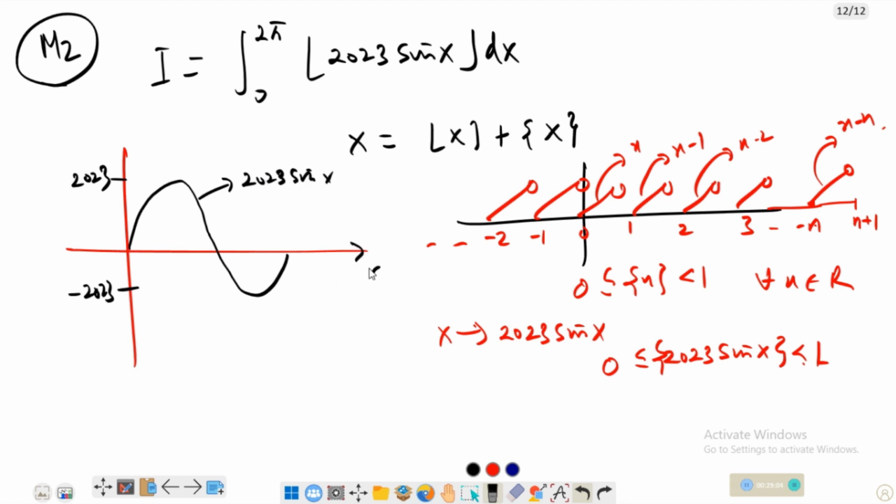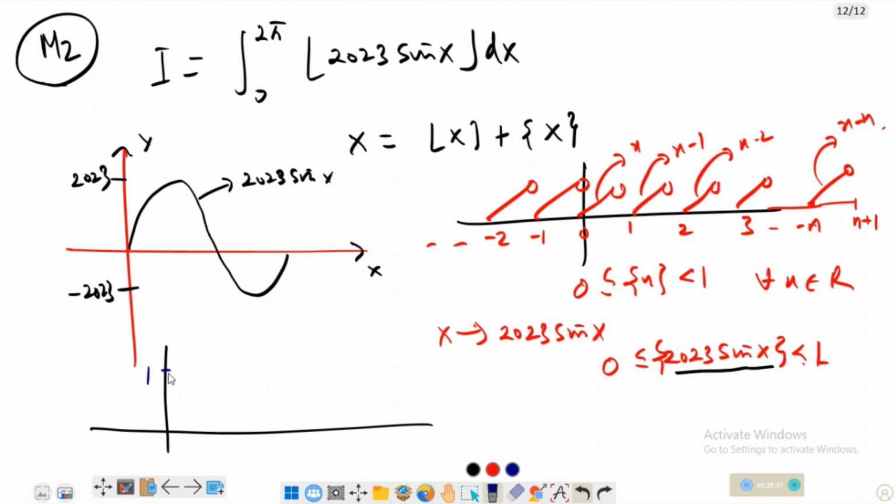But if we want to draw the fractional part of 2023 sin x, the graph of the fractional part of 2023 sin x lies between 0 and 1. So the graph of this quantity is like that.